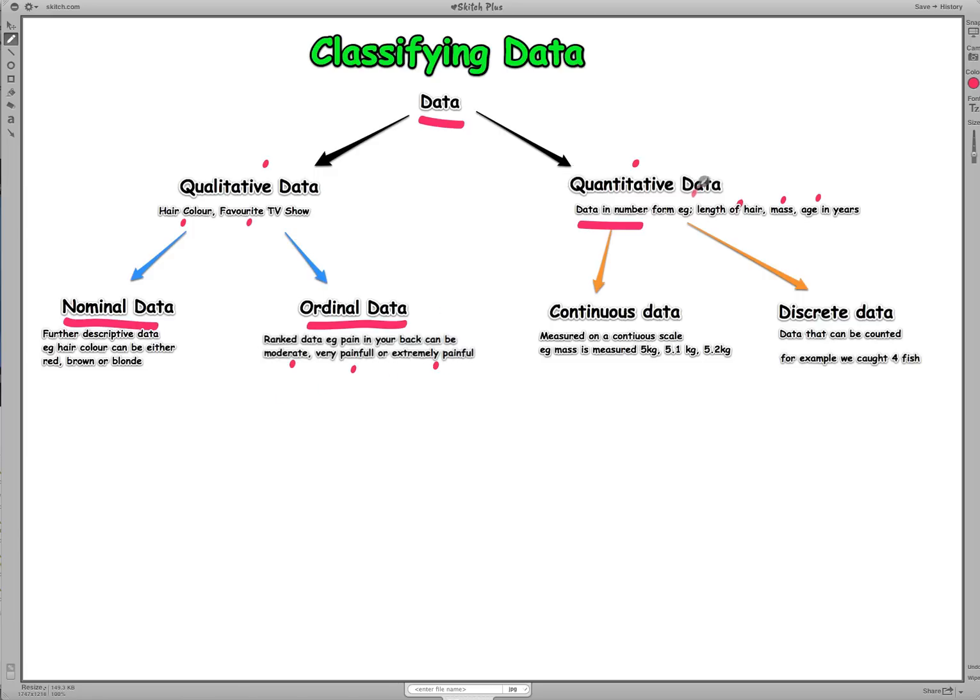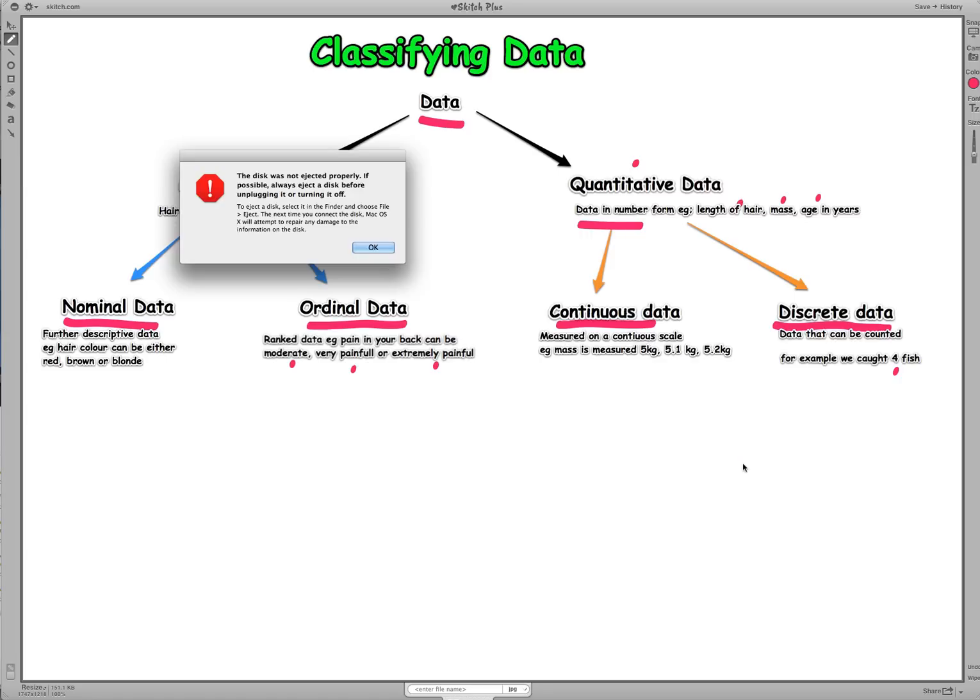Now quantitative data, which you remember is data in number form, can be either continuous or it can be discrete. Now let's deal with discrete data. Discrete data is data that can be counted. For example, we went on a fishing trip and we caught 4 fish. We can't catch 4.5 fish.